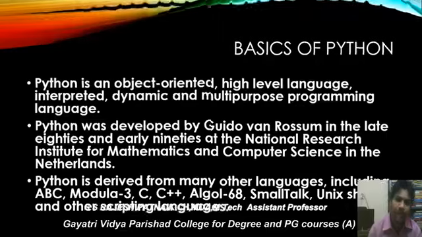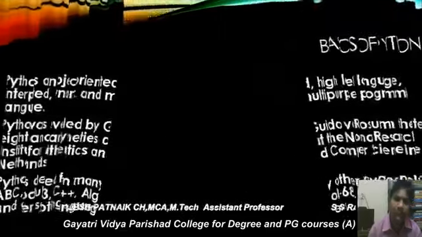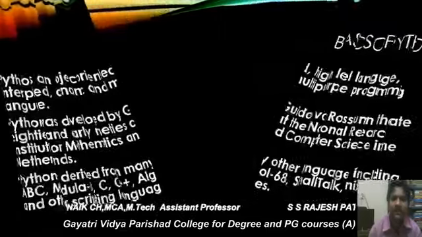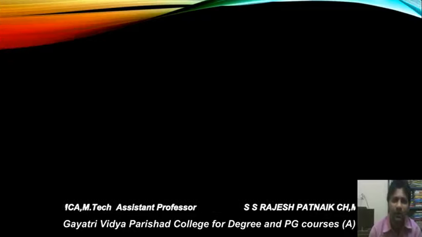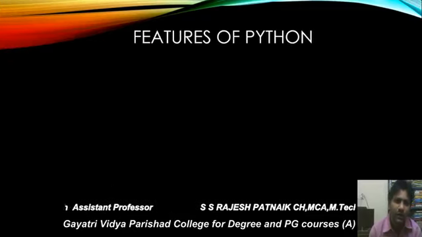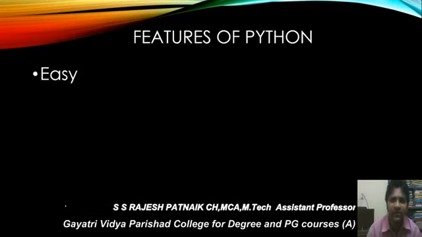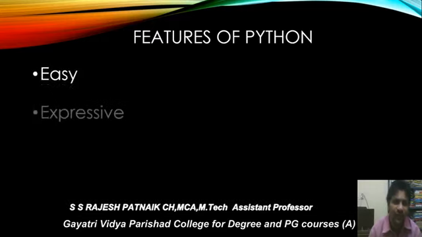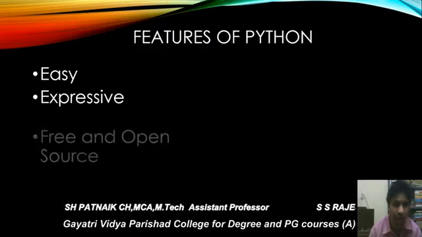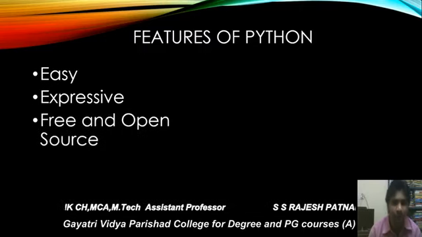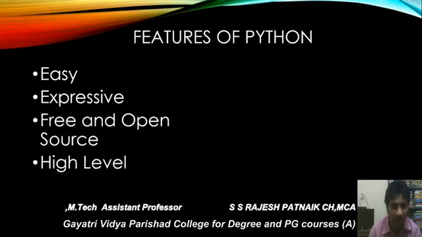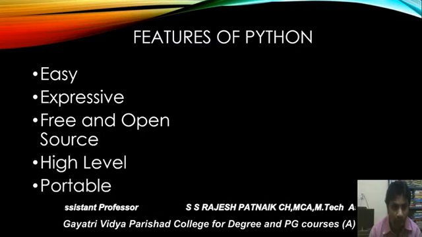Now see here some features of why Python is that popular. Because of the features of Python: it is easy, I will explain to you. It is expressive, free and open source. It is high level. It is portable.